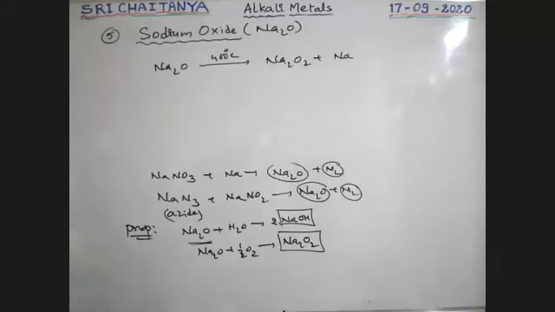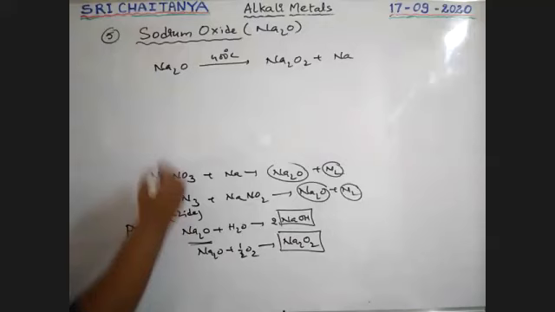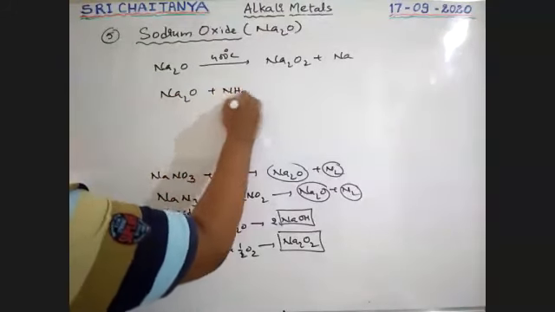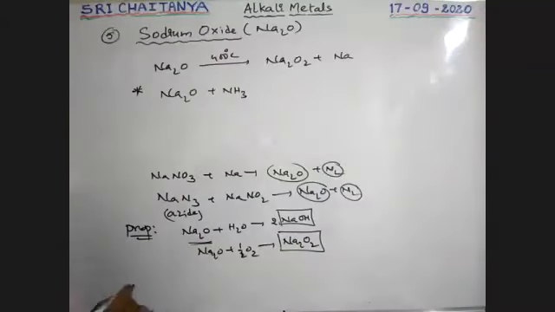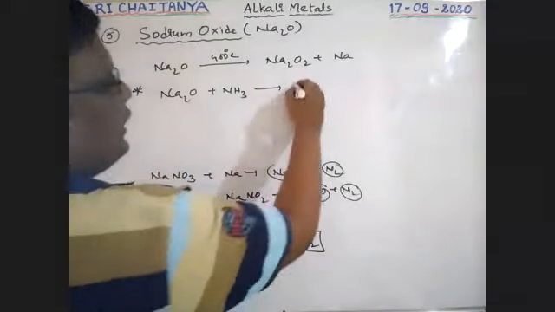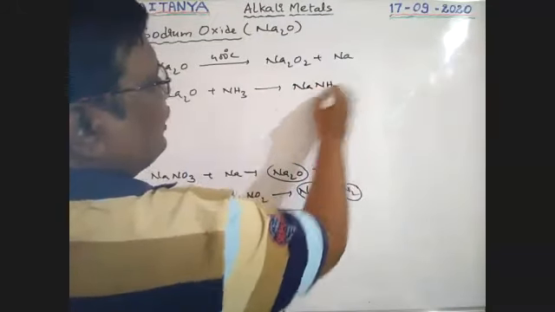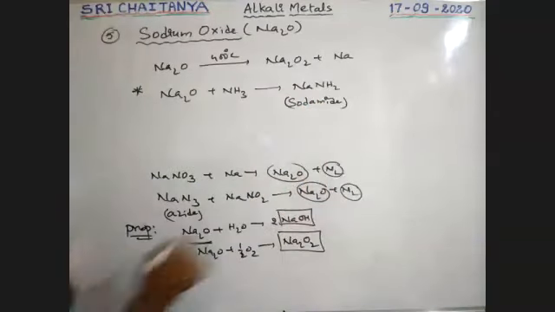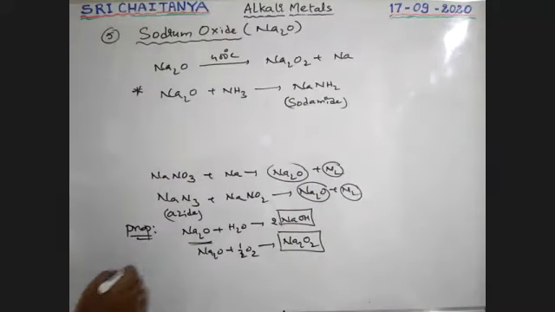Okay. Next, when sodium oxide reacts with ammonia, it is important. When sodium oxide reacts with ammonia, that gives NaNH2. It is called sodamide. Most important organic reagent.